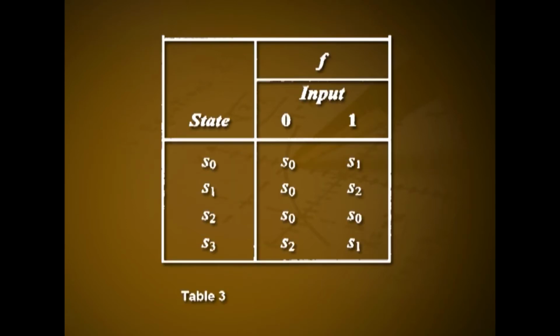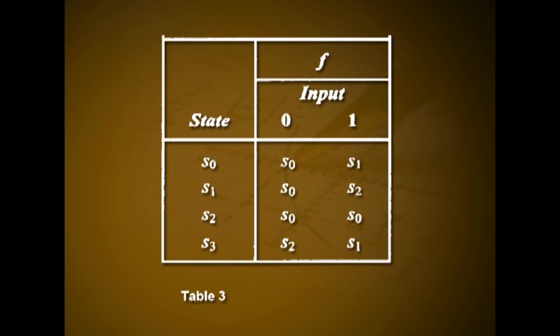We can represent finite state automata using either state tables or state diagrams. Final states are indicated in state diagrams by using double circles. We will move on to one example. Construct the state diagram for the finite state automaton M equals (S, I, f, S0, F), where S is the set {S0, S1, S2, S3}, I is the set {0, 1}, F is the set {S0, S3}, and the transition function f is given in table 3.